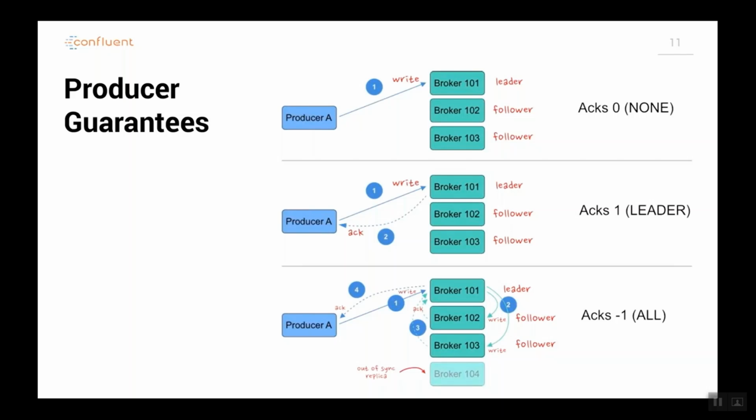So in the first example, acks=0 is basically fire and forget. The producer sends the message and never receives an acknowledgement. So we don't really know whether the messages we're sending are actually being successfully received and stored by the broker. Under normal operations, any message you send will be successfully stored, but it's when things are not healthy, when things are going wrong, when things are failing, where data loss could be more of a possibility with something like acks=0.